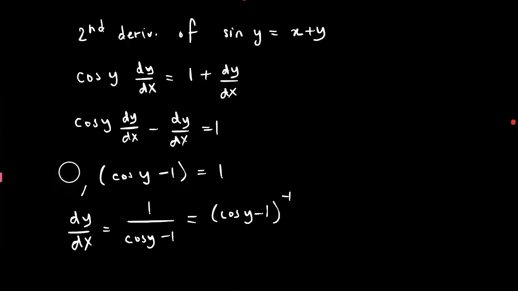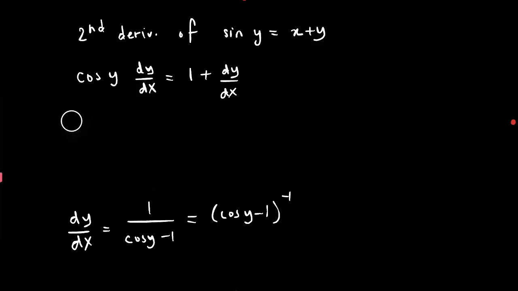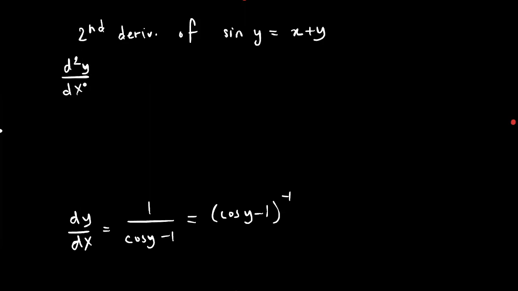So now how do we find the second derivative? Let's just clear up some space here, and the second derivative is just going to be the derivative of our dy dx here. So to take the derivative of this isn't something that's too difficult. If you want to rewrite that in the form d squared y over dx squared, the second derivative is simply going to be equal to negative 1 times cosine y minus 1 to the negative 2.